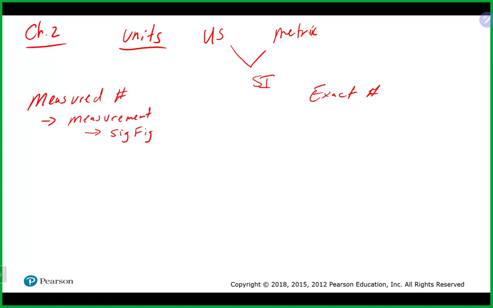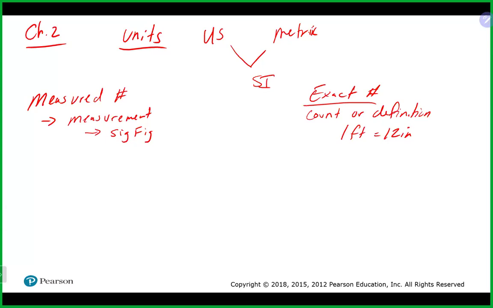Well, an exact number is really one of two things. It can be something that is counted, or something that is considered a definition or an exact definition, like 1 foot is 12 inches. Where this really comes into play is, as we'll talk about today, when we're doing calculations and how many significant figures your answer should end up with.